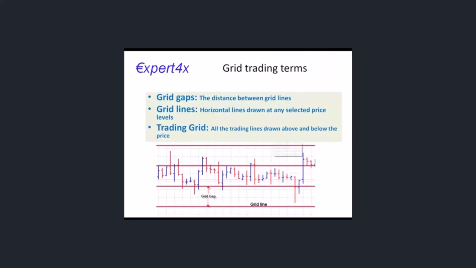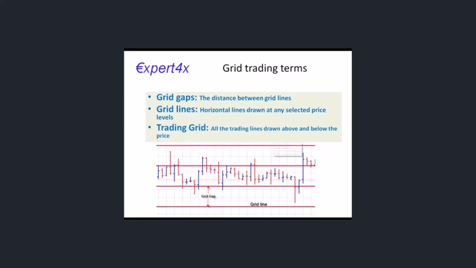Just some terminology that we use. The grid gaps are the differences between the grid lines that you see here. In this example, we've used 200 pips as our grid gap, and we tend to draw lines on the charts just for visual clarification. So the trading grid is in fact all these lines that are drawn on the chart.